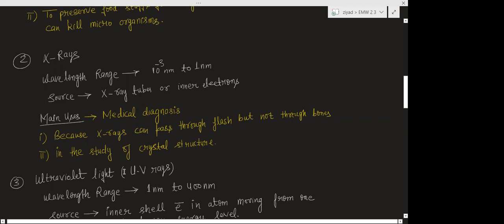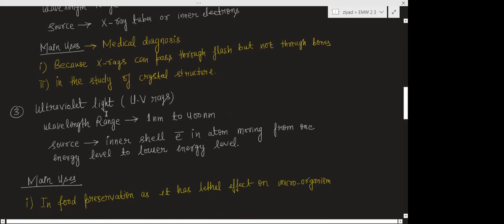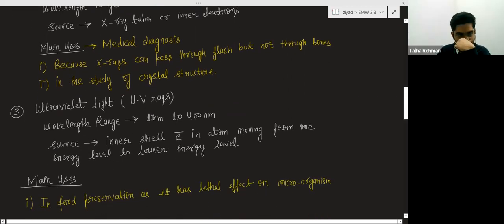After that, the ultraviolet rays. Ultraviolet rays have a wavelength range of 1 nanometer to 400 nanometer. Source: inner shell electrons in an atom moving from a higher energy level to a lower energy level.